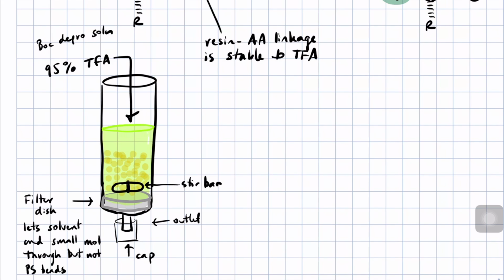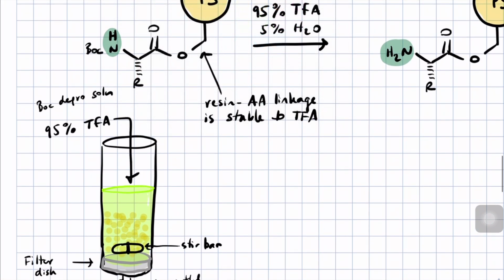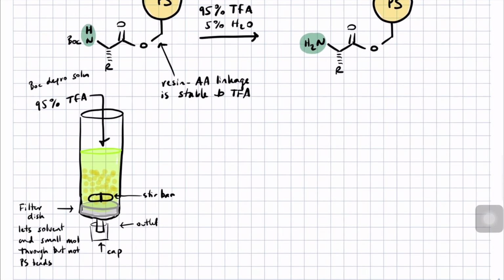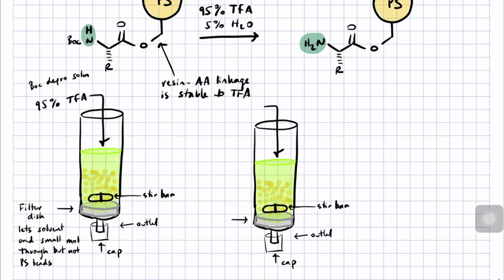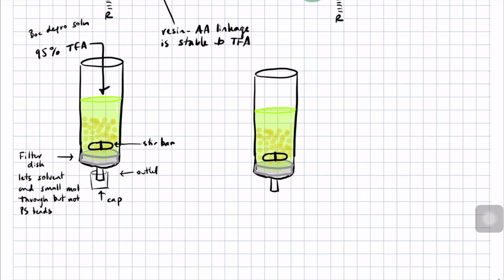When you are done and you want to get rid of the TFA, get rid of the t-butanol that comes off from the Fmoc protecting group as we talked about last time, all you do is you take this reaction vessel, uncap the bottom, and stick that on a vacuum manifold.